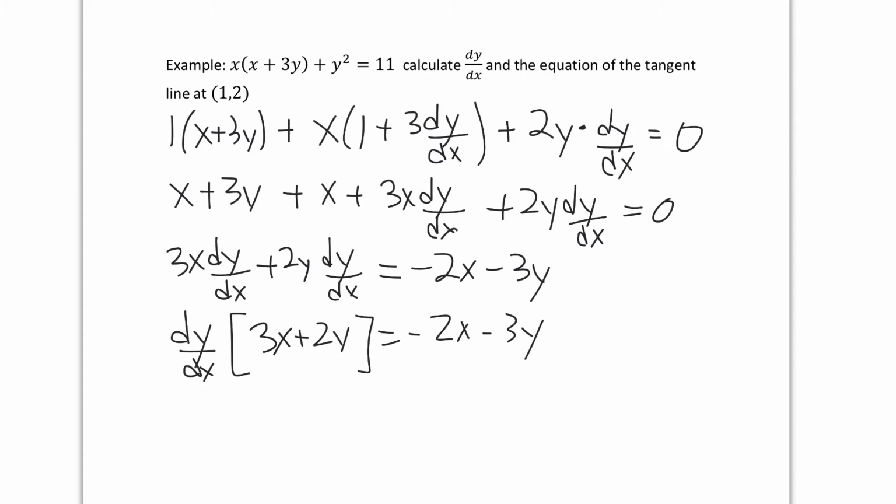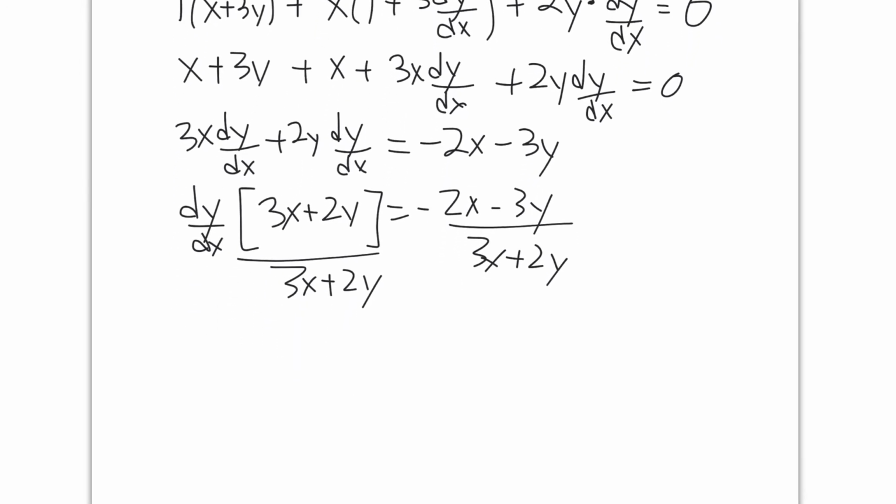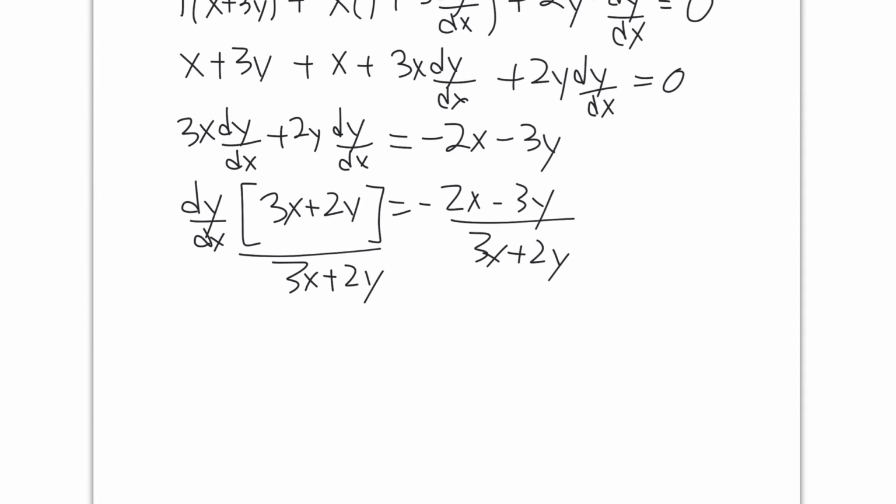And finally, you go ahead and divide it out. 3x plus 2y is divided out on both sides, giving you the nice formula for dy/dx. dy/dx equals negative 2x, subtract 3y, over 3x plus 2y.